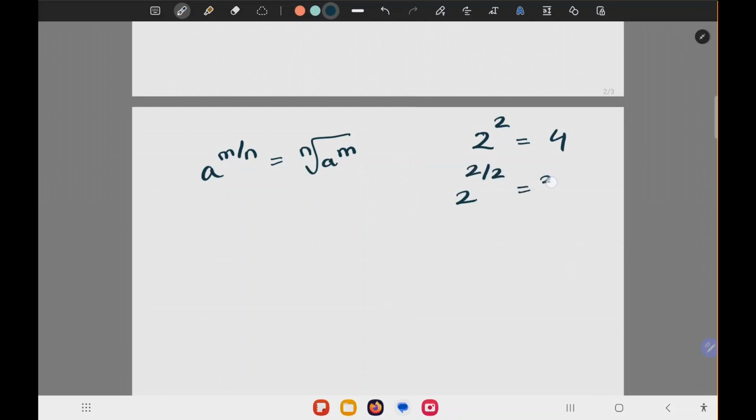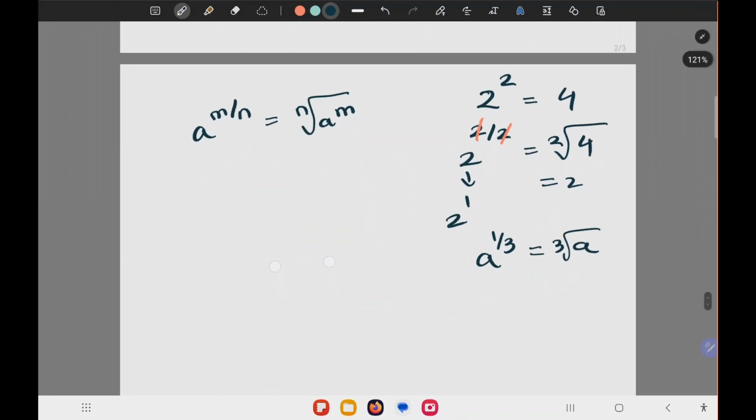This is equal to the second root or the square root of 4, which is equal to 2. This is also equal to 2 to the power 1, right? So 2 and 2 can basically cancel out. But in general, let's say we had a to the power 1 by 3. This would be the cube root of a.